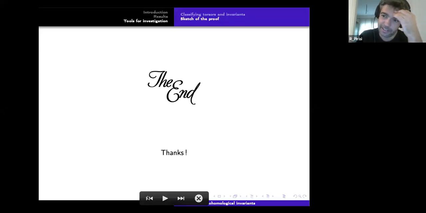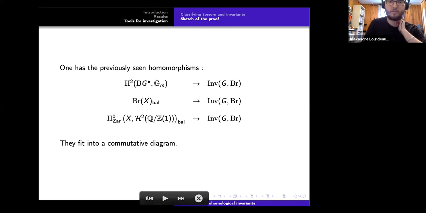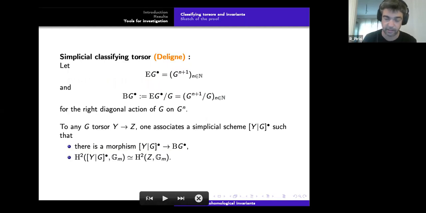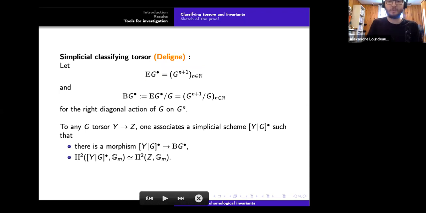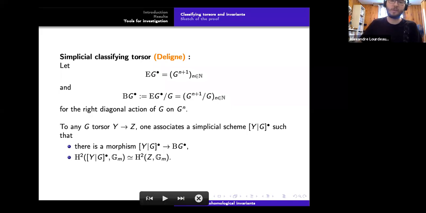So you use these simplicial constructions, but one could also just think of BG as the stack, the classifying stack of G torsors, and a lot of what you said is still true. I guess, but what is the advantage of these simplicial constructions, or should this work even when you take the approach of quotient stacks? I'm not sure this is better than stacks.